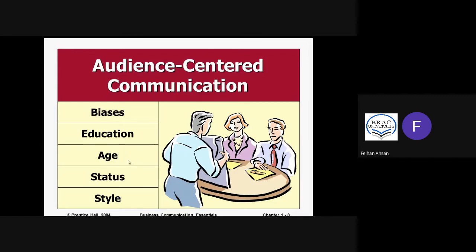Just think about a teacher taking a primary level school class versus a teacher taking a university class. Obviously, the communication format, the style, everything is different based on these factors, right? The age, education level of the audience, the status, and the style. So these are factors you need to consider before communicating.